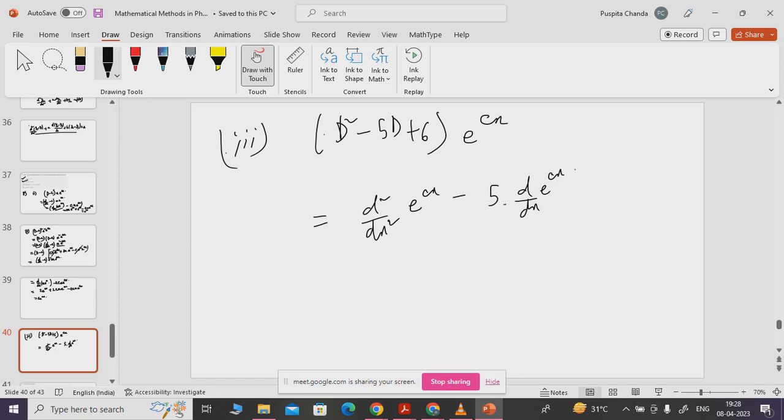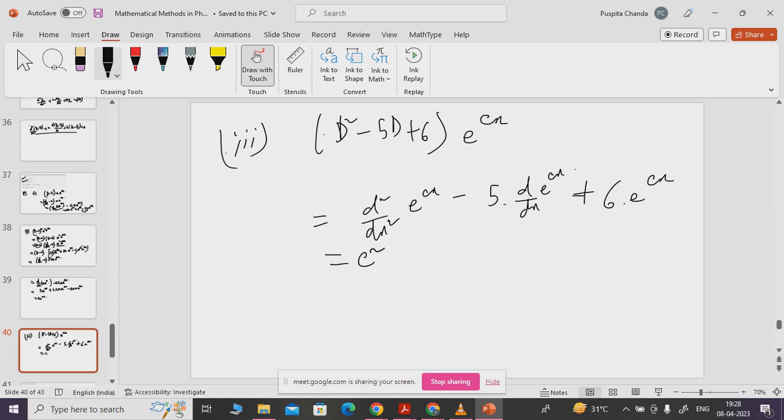Some operators behave differently on different kinds of functions. If an operator follows the rule (a minus b) whole square for an exponential component, it might not follow it for sin x, cos x, a polynomial, or e to the power minus x. Keep these things in mind.